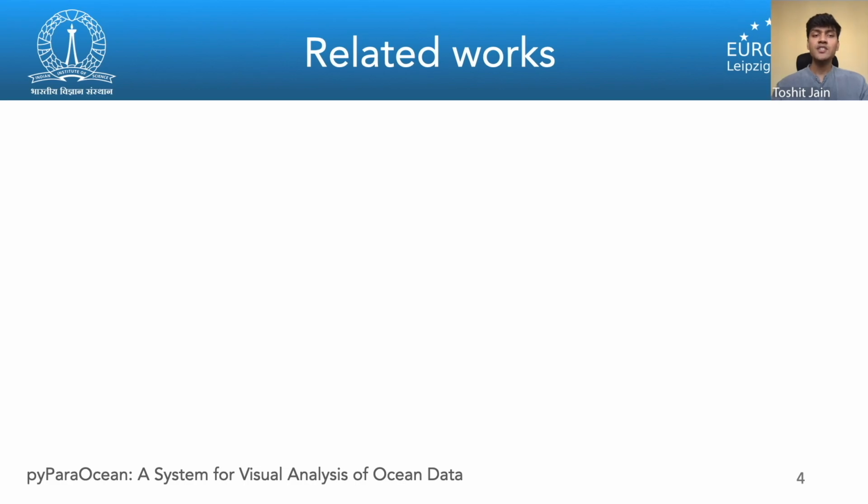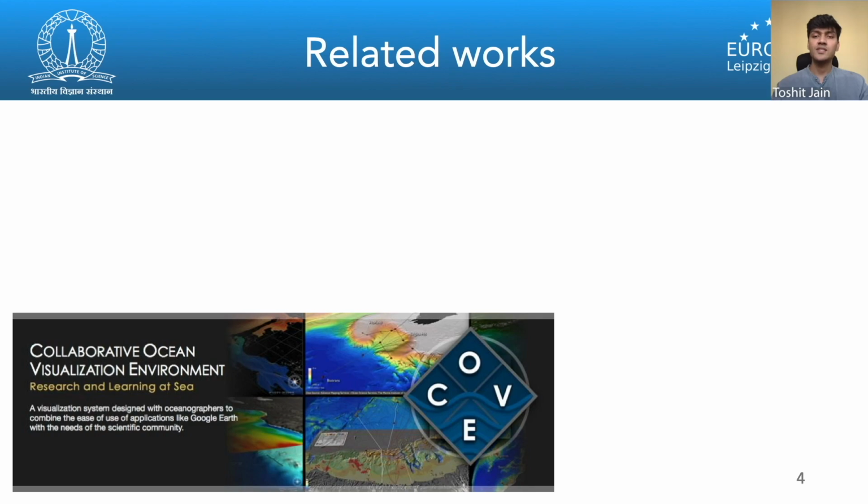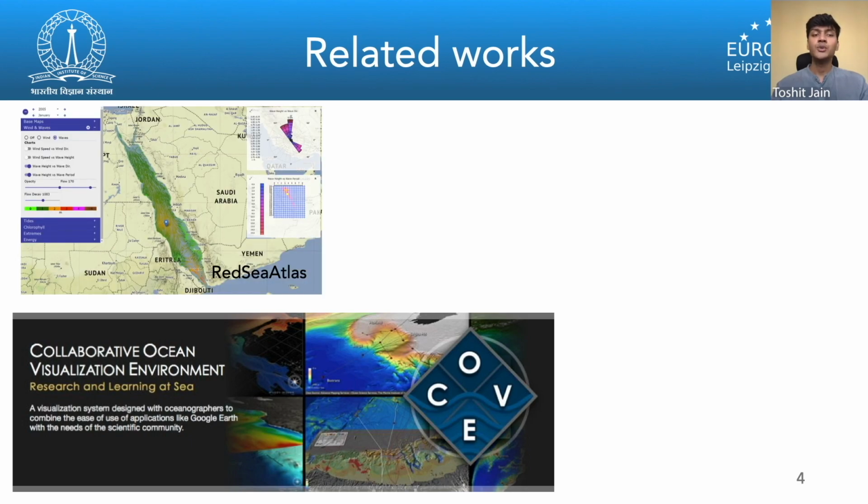There exist plenty of systems for ocean data analysis. Cove is one such system that supports interactive exploration over the web and has 2D and some 3D visualizations. However, its capabilities are limited by WebGL. Red Sea Atlas is another 2D interactive visualization tool of the Red Sea.